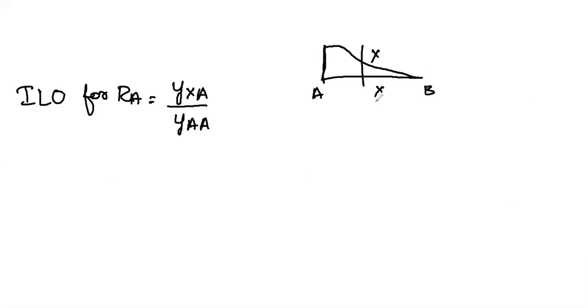This is the point X. You know this value is equal to 1, so we are assuming this. If it is equal to 1, this will be the value of RA.